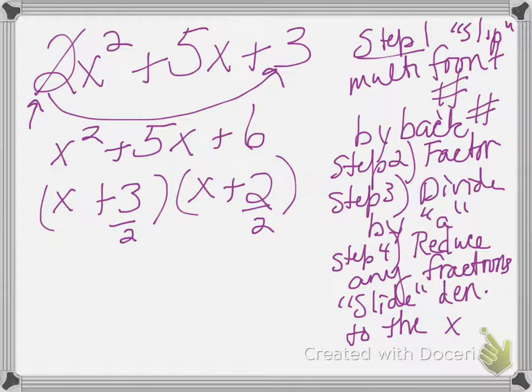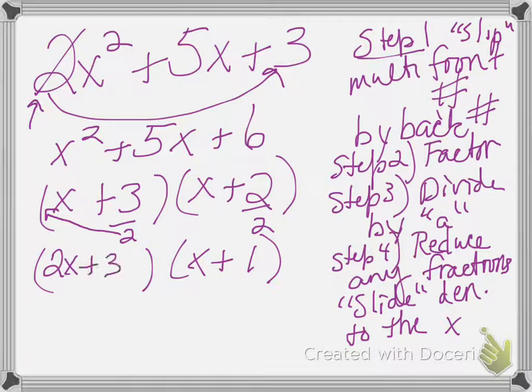So let's look at this and see where do we reduce? Which one of these is going to reduce? 2 over 2. Right, and that's going to become x plus 1. Awesome. Now over here, that 3 over 2, there's a fraction, so we're going to take that 2 and slide it over here, and it's going to become the coefficient for that x. So it's going to become 2x plus 3.